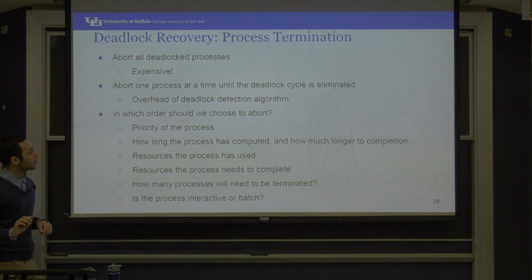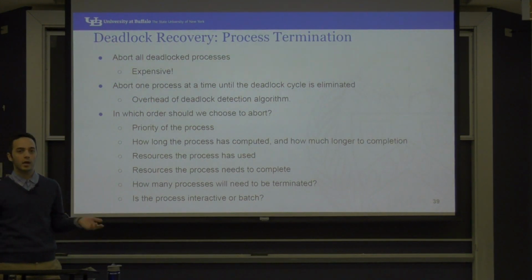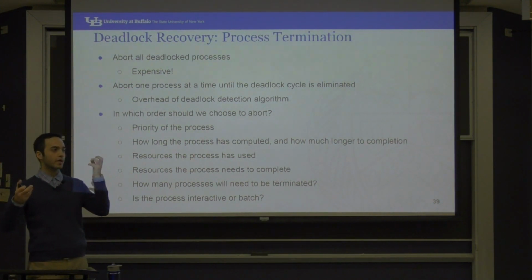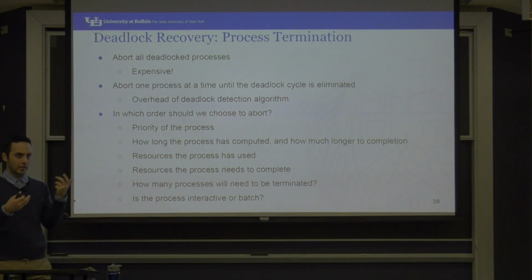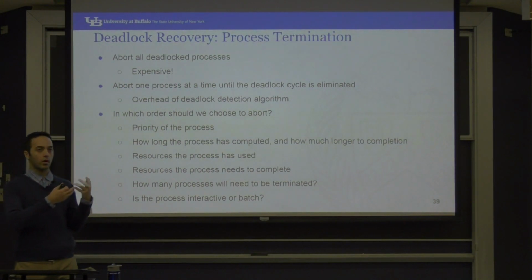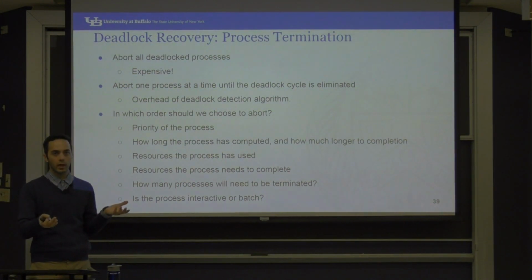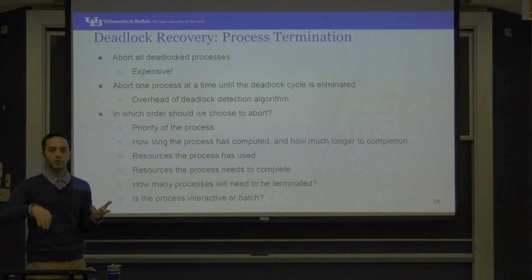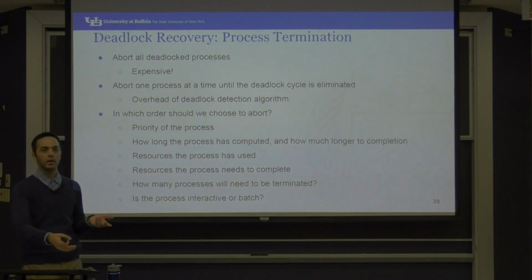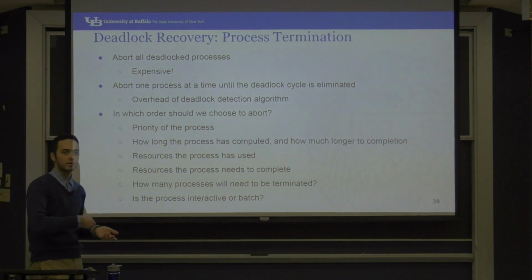Or we can abort one process at a time and hope that the deadlock will be over. So if 4 processes are in a deadlock, if we terminate one of the processes, basically we're forcing all those resources to be released, and then maybe the other processes now can continue without the deadlock. If not, another process, right?